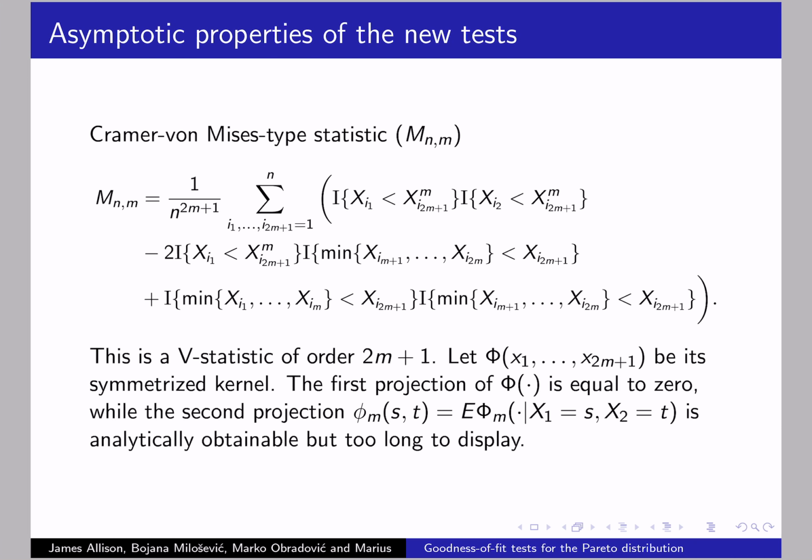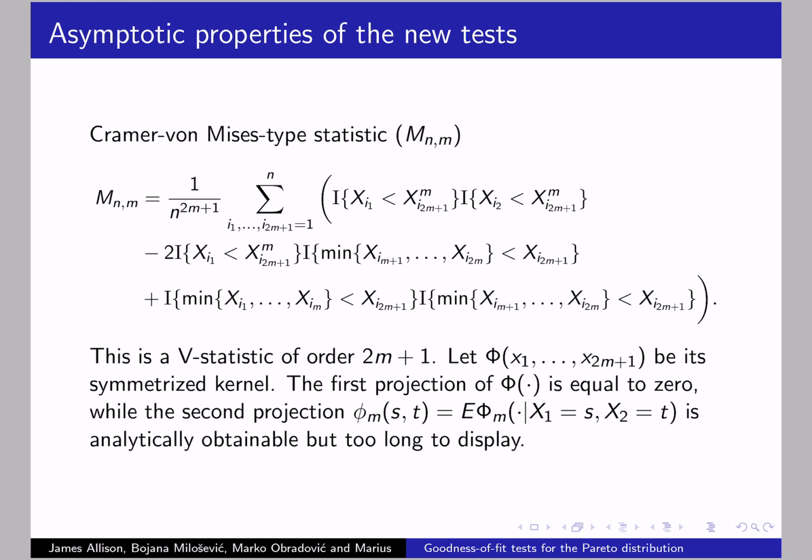Next, we will consider the asymptotic properties of the new tests, but due to time constraints, we will only consider the asymptotic null distribution of the Cramér-von Mises type statistic denoted by Mnm. Now, after integration and simplification, the test statistic has this form given here by Mnm, which is a V statistic of order 2m plus 1.